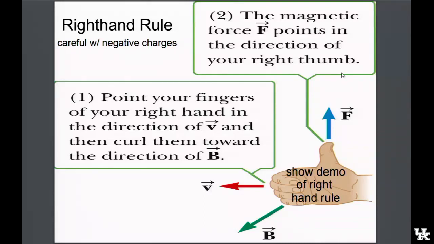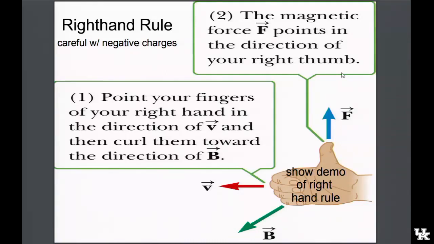On the right-hand side of the field equation, there are two vectors, remember. There's the velocity vector, the first one in the equation, and then there's the magnetic field vector. You point the palm of your right hand in the direction of the velocity vector. In this case, I'm pointing my hand towards you, as if the motion of a moving charged particle is towards you.